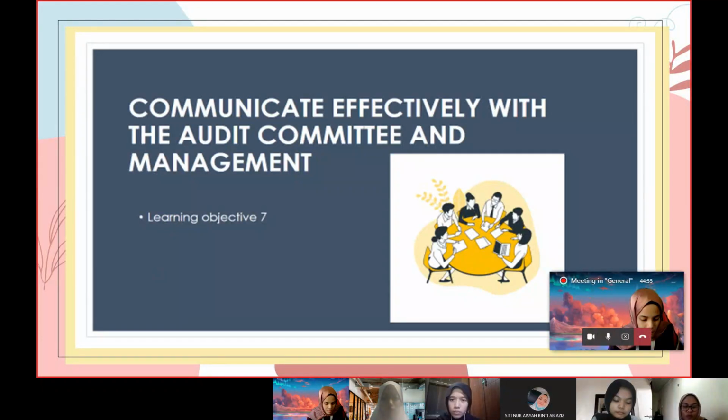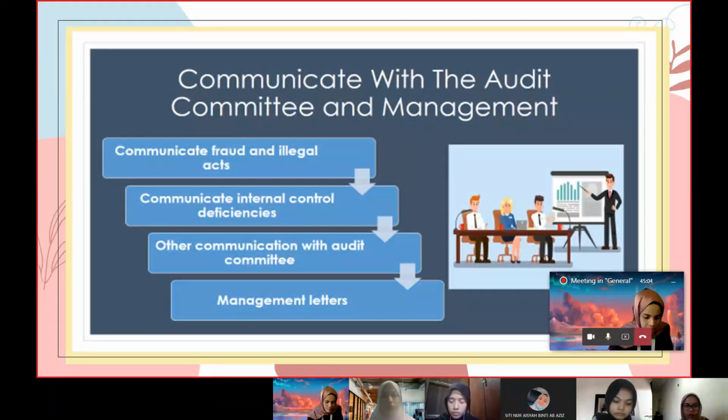Okay, next we move to another objective, which is to communicate effectively with the audit committee and management.